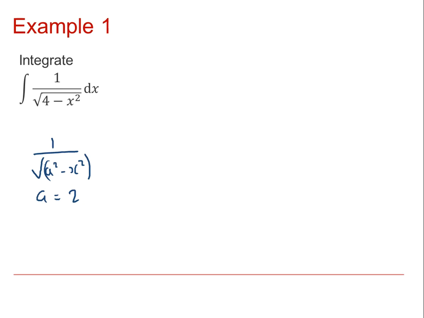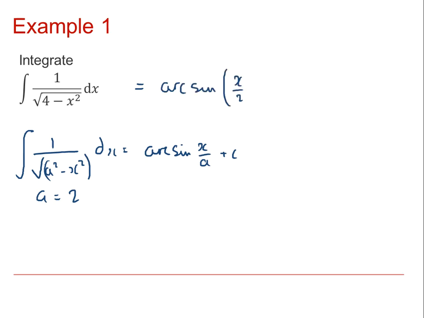Our standard result says that the integral of this is arcsine of x over a plus c, so we can simply write the result down. So this must be equal to arcsine of x over 2 plus a constant of integration.